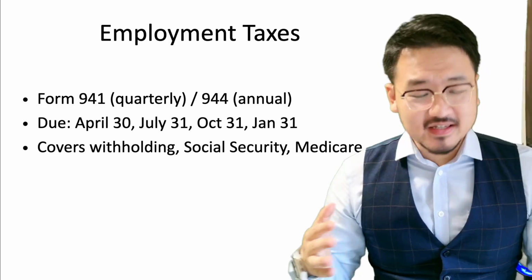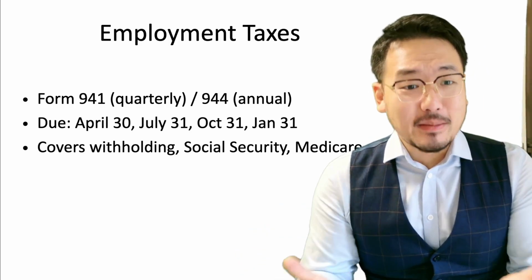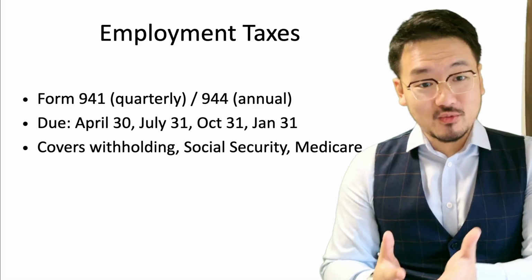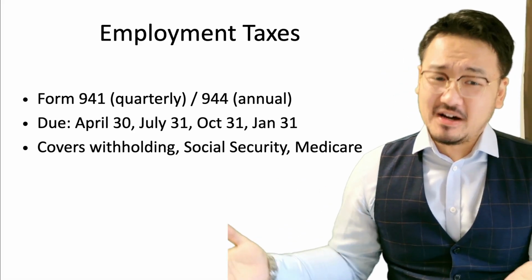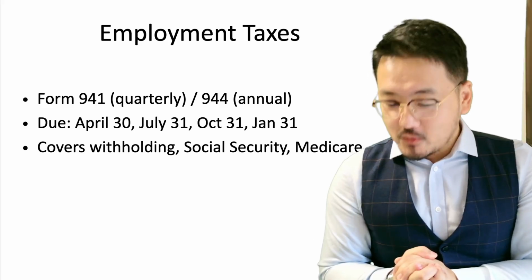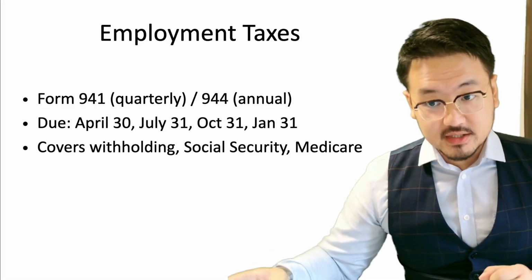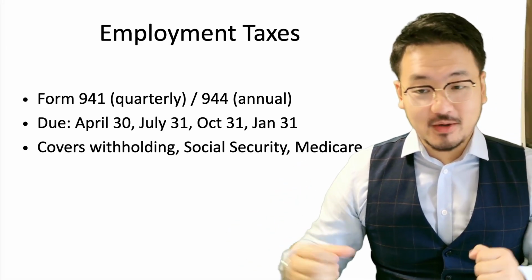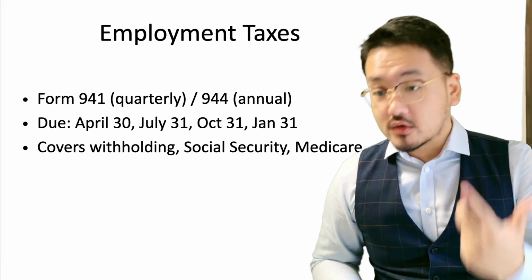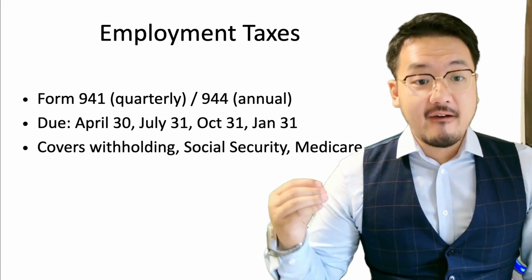And since you've got employees, you have to do this work quarterly, unfortunately. All this is not estimated, so it's the end of the quarter, to be honest: April, July, October, and January 31st.